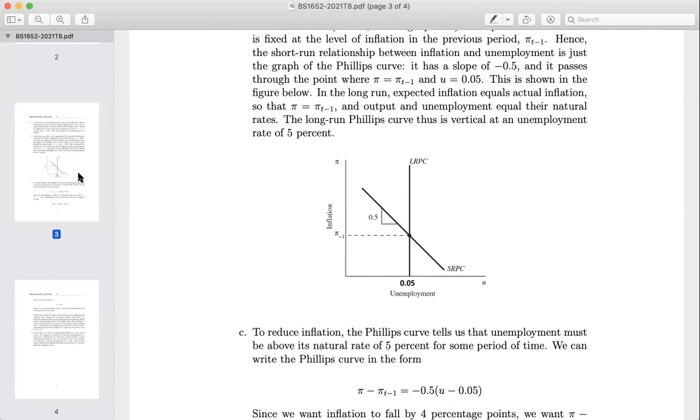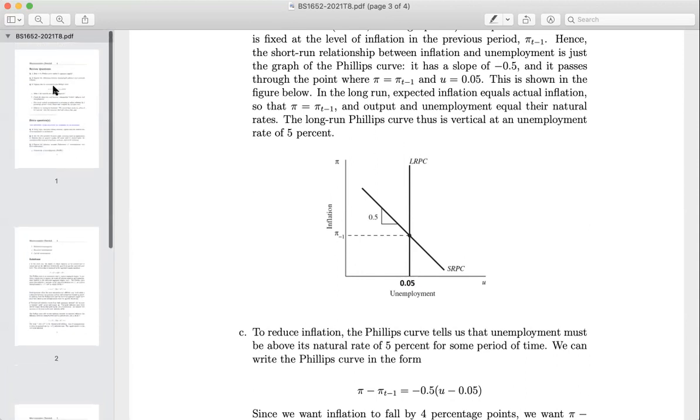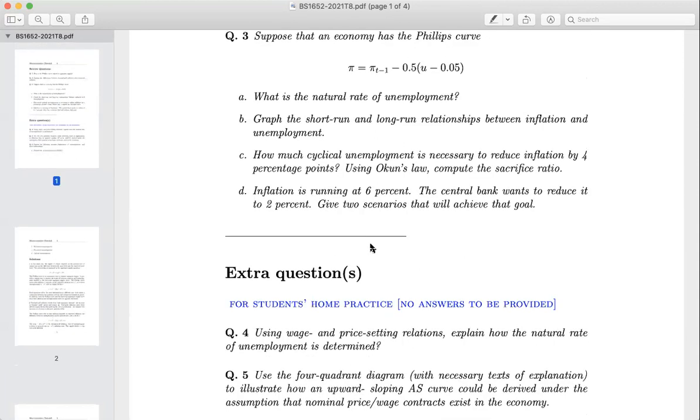The last question is very straightforward and has to do with the sacrifice ratio. It says that if inflation is running at 6% and the central bank wants to reduce it to 2%, give two scenarios. This is what I said about the sacrifice ratio when we discussed it. What is the sacrifice ratio?